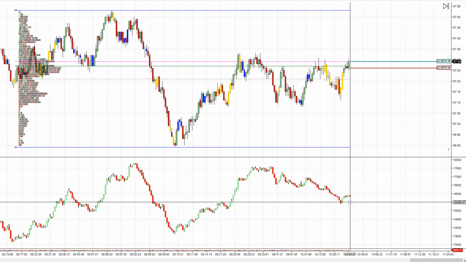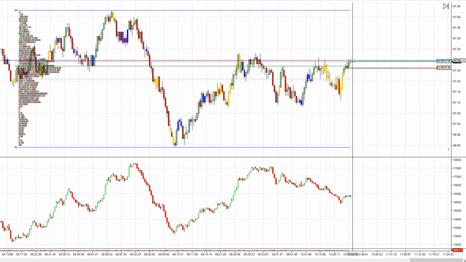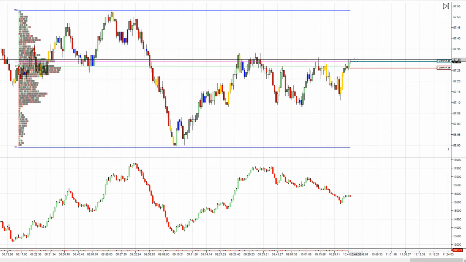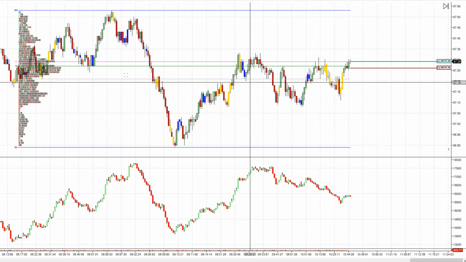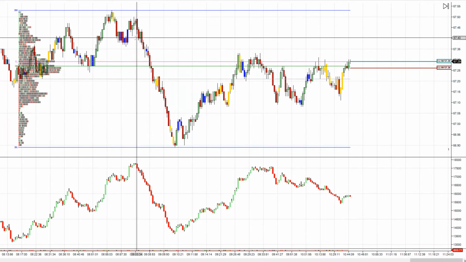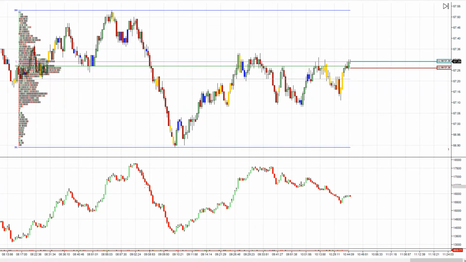You'll see that our delta is red right now, and yet we're not going down. So there's still that pressure to buy. Now, when you have a situation as clear as this, where everything is red as far as your delta is concerned and prices are advancing, that's basically your perfect scenario.